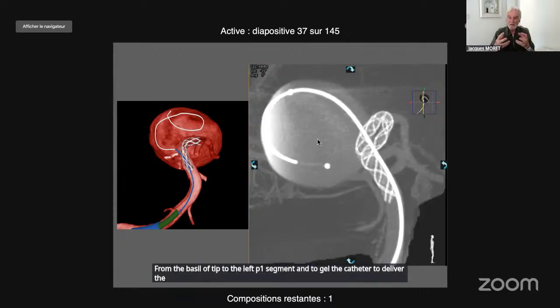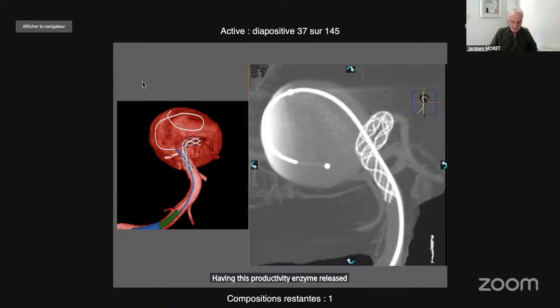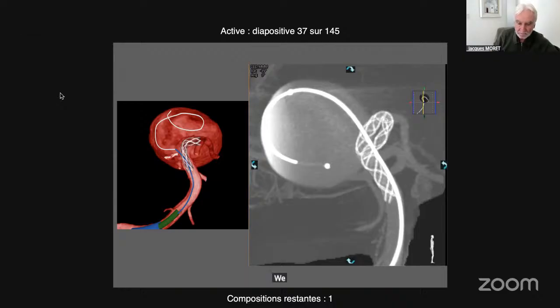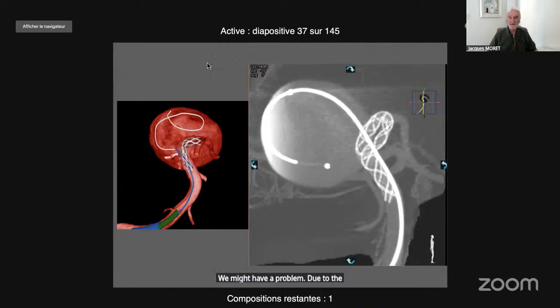So the main thing is not so much to deliver the flow diverter. The main thing is to try to avoid having this proteolytic enzyme release. And because of that, we might have a problem due to the elastase and the side effect of the elastase.